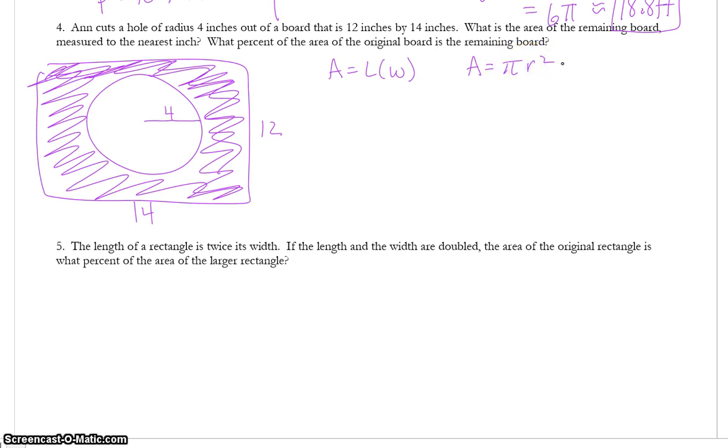Once you know those two areas, you can subtract them to find the area of the hole. So for tomorrow, I would like you to have this answer for me. Find the area of the rectangle, find the area of the circle. If you subtract those, then you get the area of the remaining board. We will talk about the percent of the area that's remaining in class tomorrow.